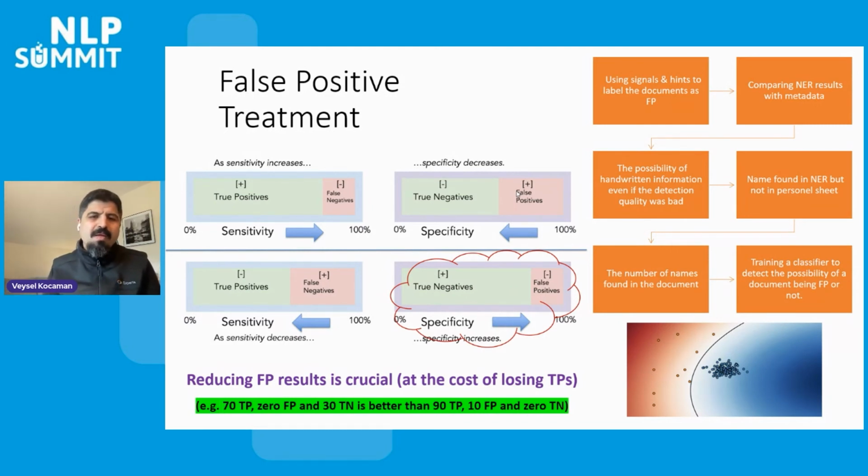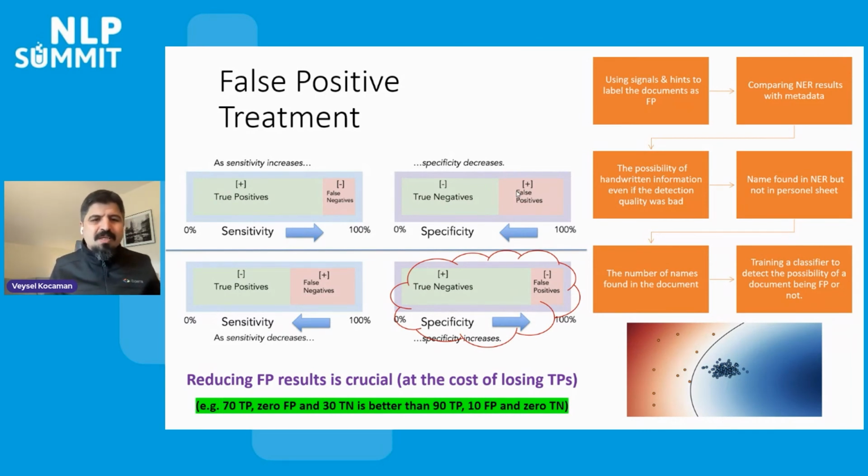For example, out of 100 documents, 70 true positive documents versus 30 true negative documents is usually better than 90 true positive versus 10 false positive, because in the second case you don't know which 10 documents are false, and you miss them, which means that if it's a false positive, you don't get the chance to abstract it manually.